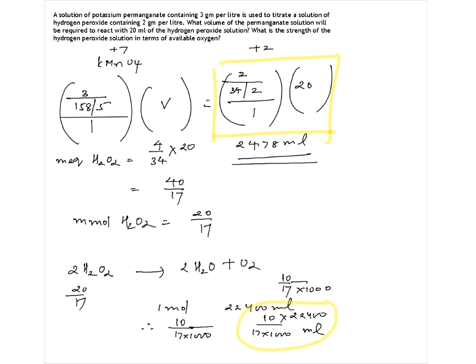What is the meaning of 20 volume hydrogen peroxide? 20 volume hydrogen peroxide means that if you take 1 milliliter of hydrogen peroxide, it will give 20 milliliters of oxygen at NTP.